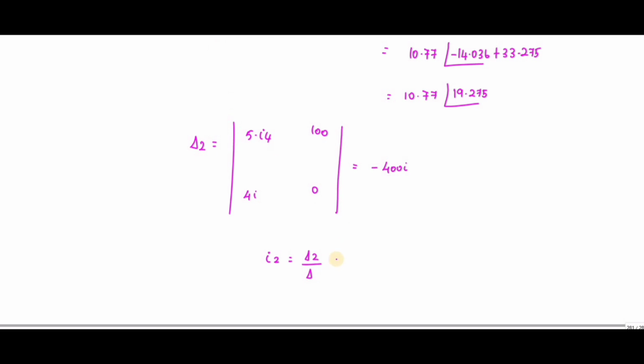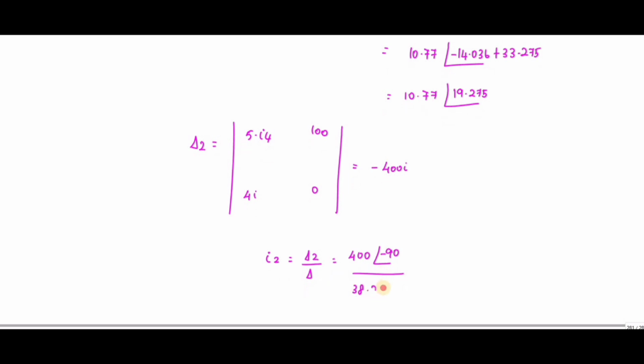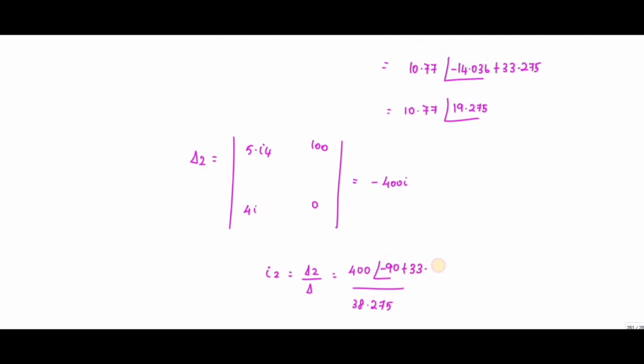That is 400 angle minus 90 degrees divided by 38.275 angle minus 33.275 degrees. 400 divided by 38.275 is 10.45, and minus 90 plus 33.275 is minus 56.725.